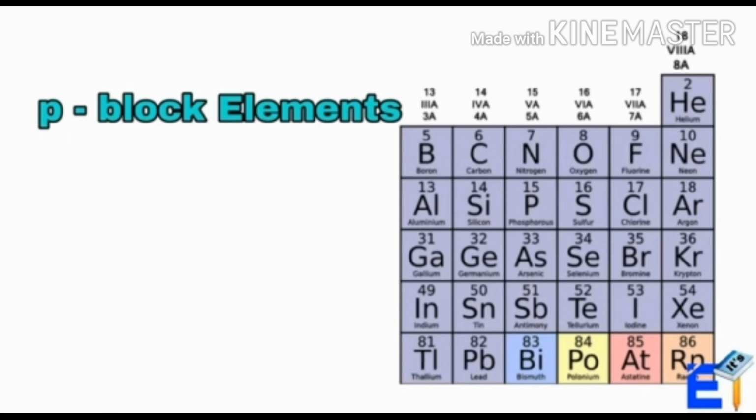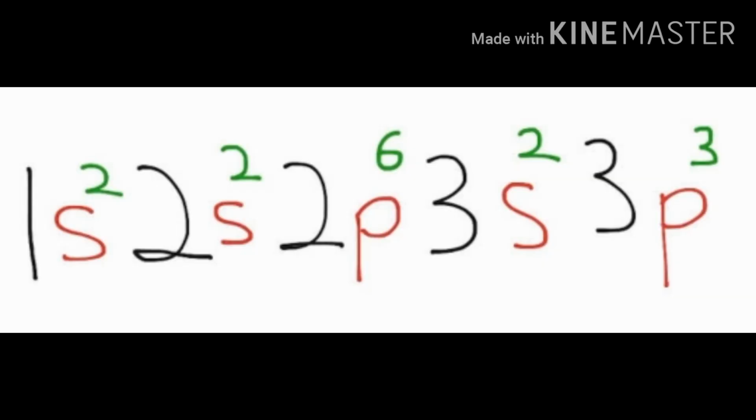Let us take another element, phosphorus. Phosphorus has atomic number 15. Its electronic configuration is 1s2, 2s2, 2p6, 3s2, 3p3.